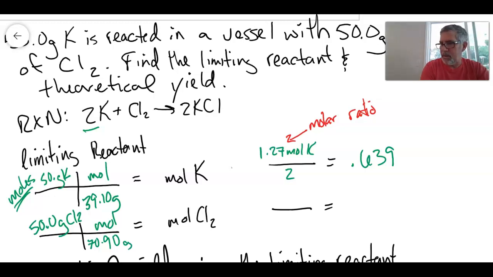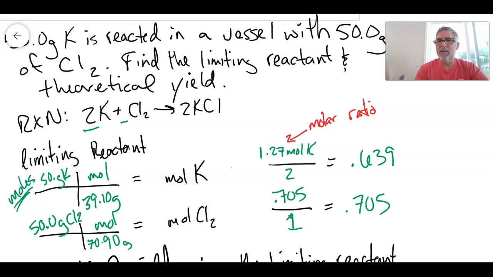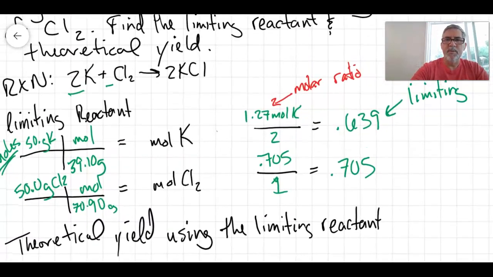And when I do that, I get 0.705. And my ratio here, I have to use 1. So I get 0.705. So I can see by this that K is limiting.